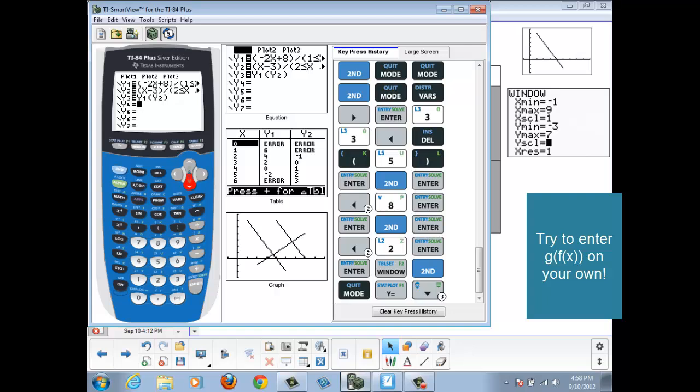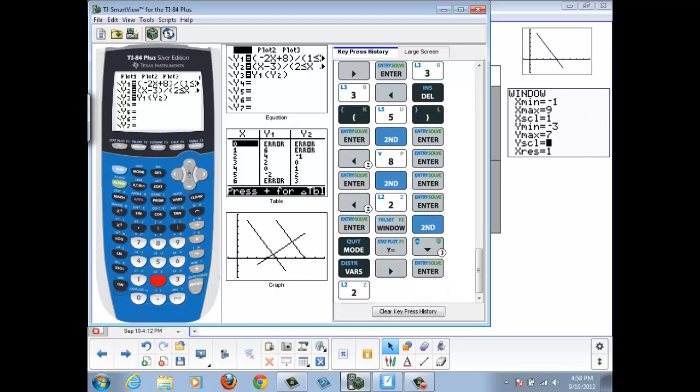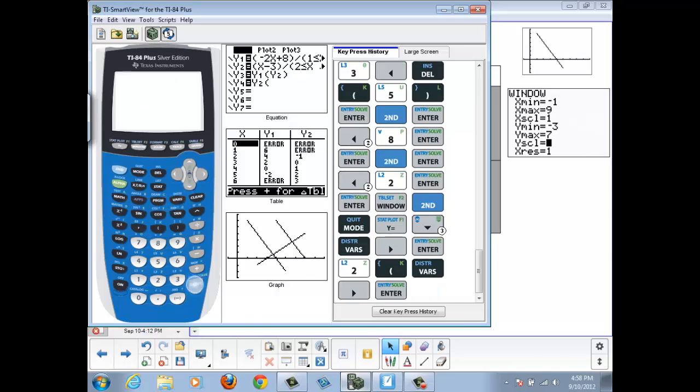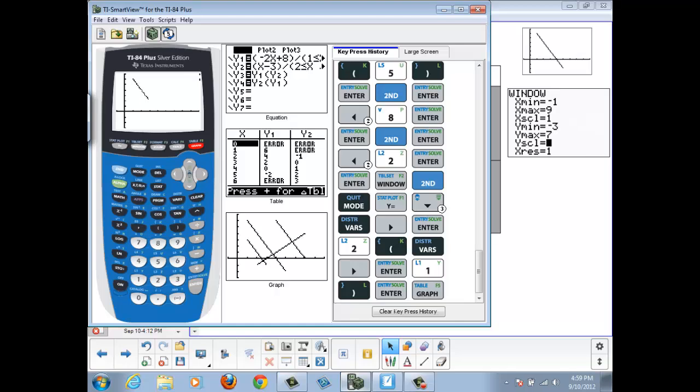Here we go. I hope you did. Alright, so if we go to our graphing screen, we'll see all four functions being plotted.